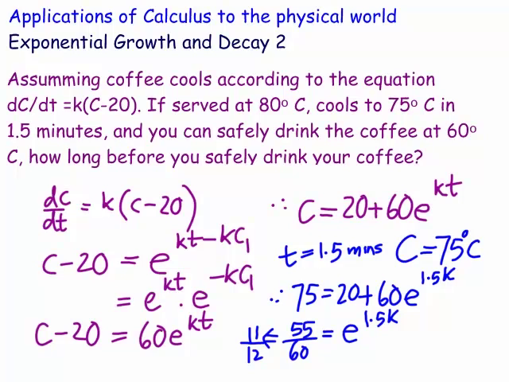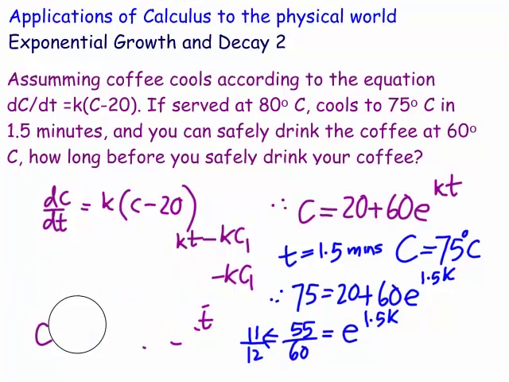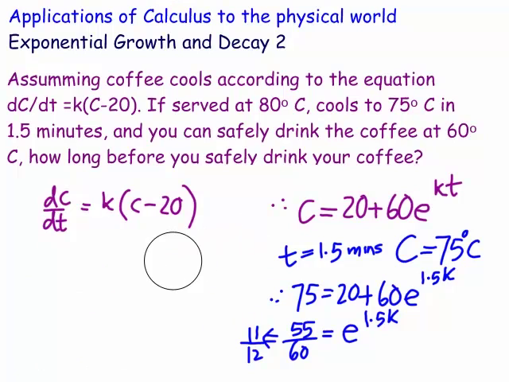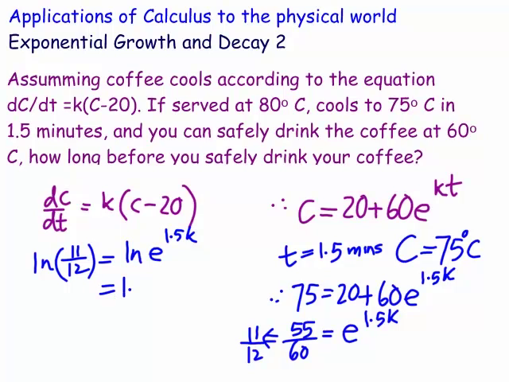So let's just do that. The ln of 11 on 12, if we take the logs of both sides, is equal to the ln of e to the 1.5k, and that gives us 1.5k ln e, and ln e, as you know, is 1.